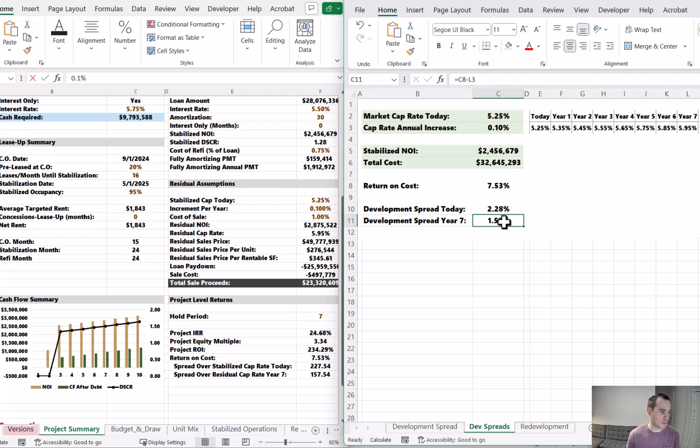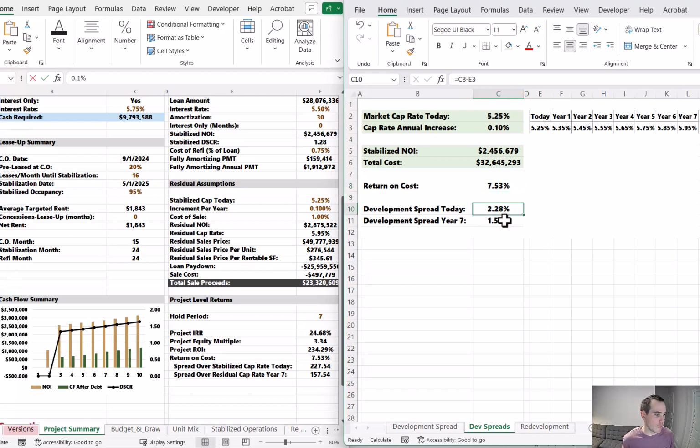But I also have a spread that's calculated in year 7. Remember, I'm assuming a 7-year hold in this scenario. So it's not only important to calculate the return on cost or the yield on cost today, but we need to do that 7 years out to just make sure that there's still a bit of a cushion between our construction yield, the 7.53%, and that cap rate potentially decompressing that we may see if the market conditions deteriorate in the upcoming years.